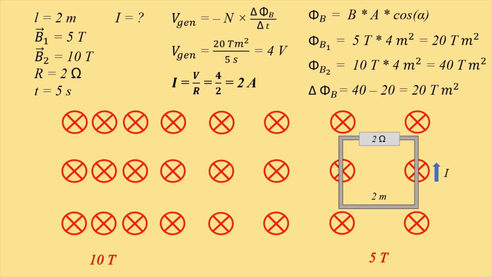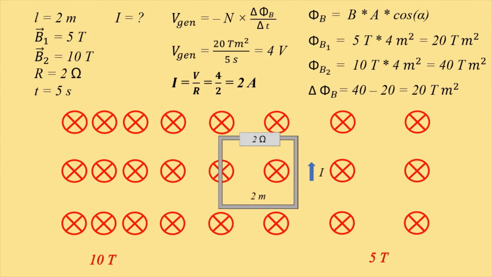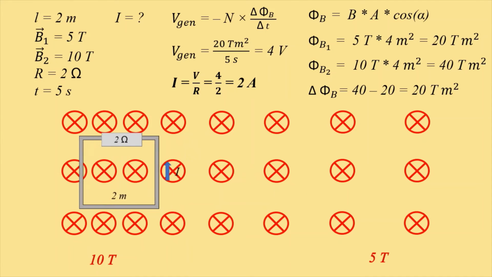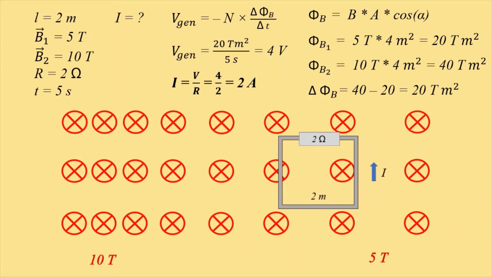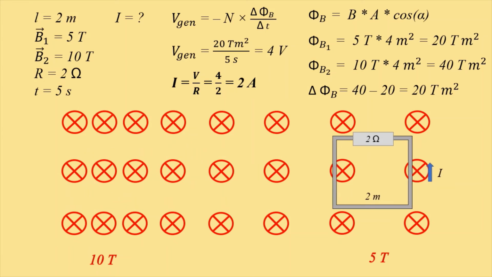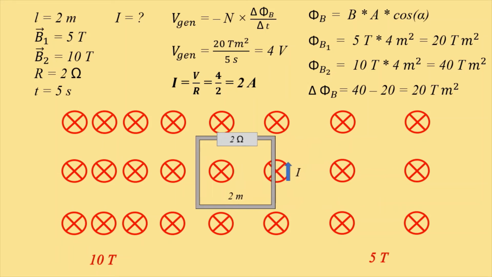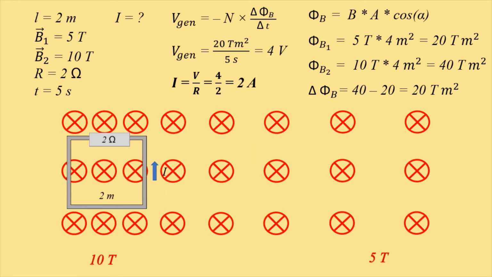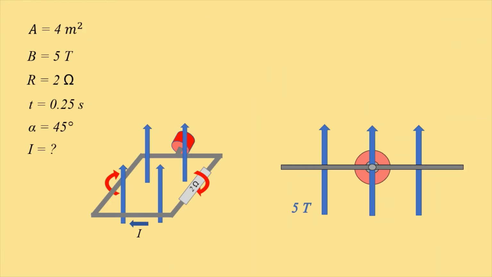But now we will show how it's actually used in power stations, and how we can get electricity from movement. Okay, so here is an example where we have a loop that is rotating instead of only moving from right to left.